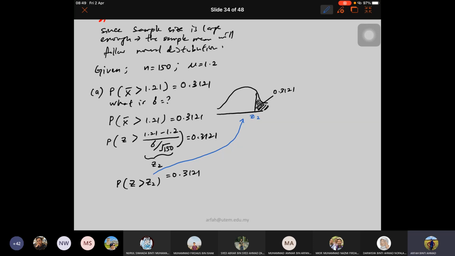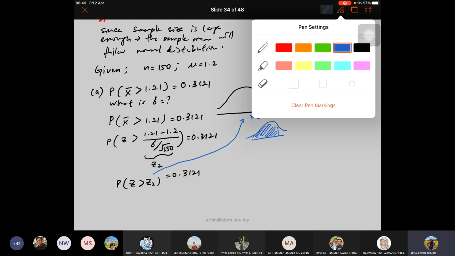Dah. Dah. Okay. So ini adalah information yang dia bagi. Katakan Z2 tu sama dengan awak punya transformation. X bar minus 1.21 tolak 1.2 divide by sigma over set 150. Okay. So dapat 0.3121. So tengok table of normal distribution. Table of normal distribution awak kan area yang kat bawah kan. So kita cari kebarangkalian Z lebih kecil. Okay.